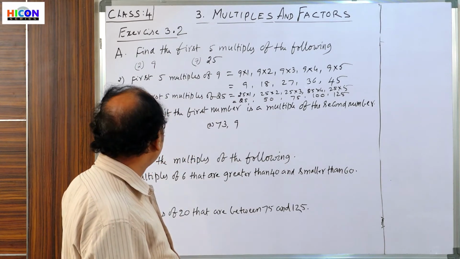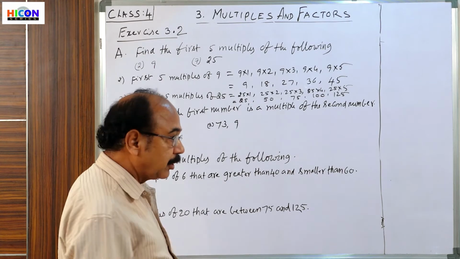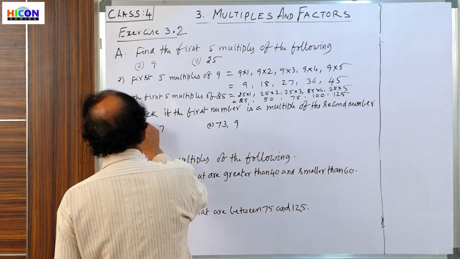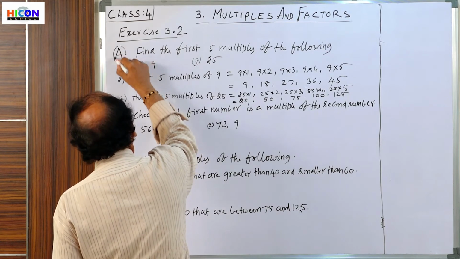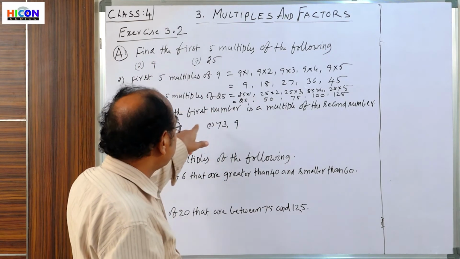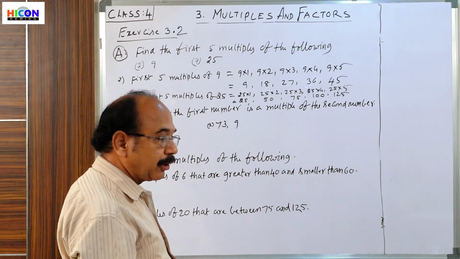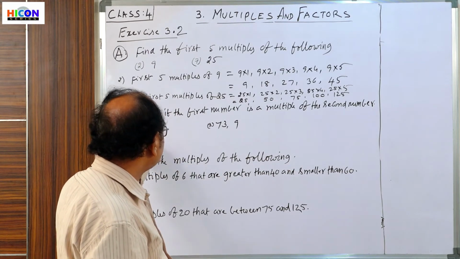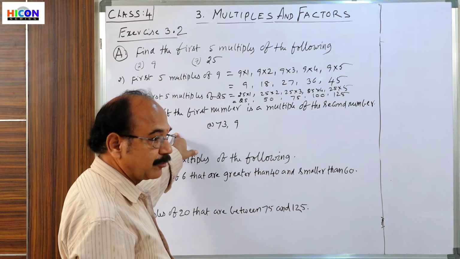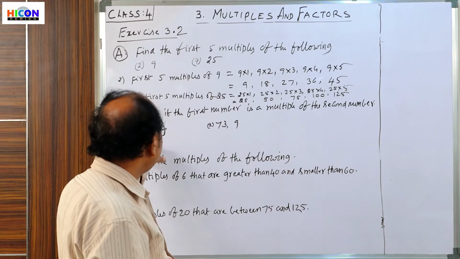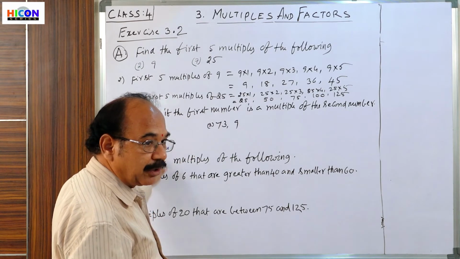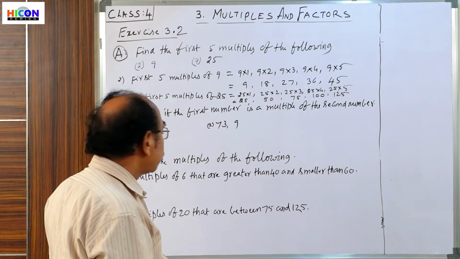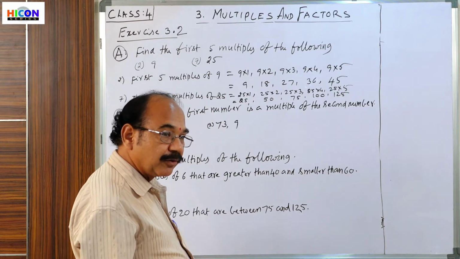Okay, students, now come to section B. Check if the first number is a multiple of the second number or not. First number 56, second number 7. Is 56 a multiple of 7?